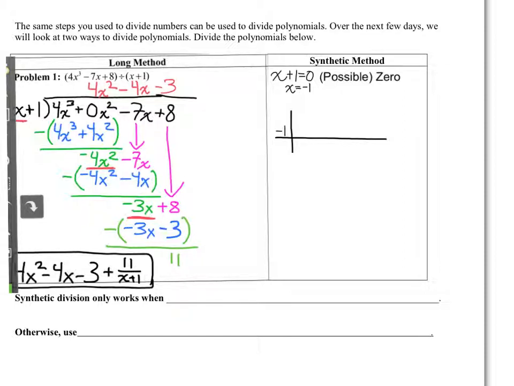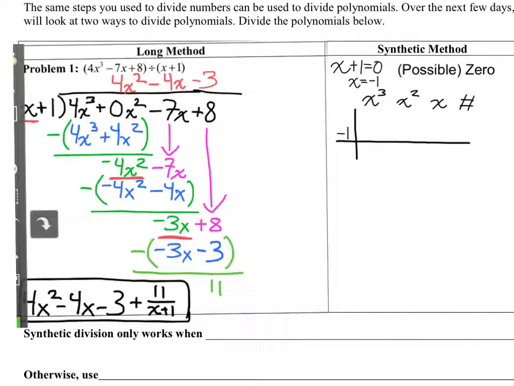Next, I'm going to label all of the possible degrees of the term, starting with the highest and then counting down. So I'm going to start with x to the 3rd and then count all the way down to the constant term. Notice how every single term with every single possible degree has to be accounted for.